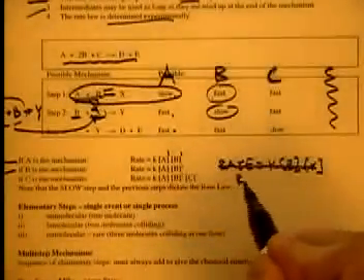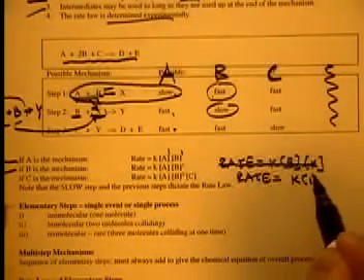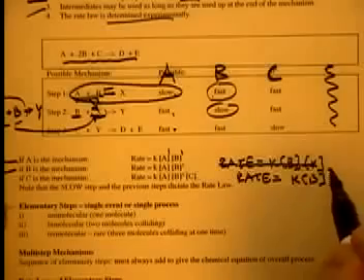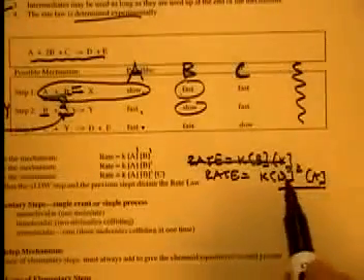Hey, look at that, I wrote baby. Anyway, rate would then equal K times the concentration of B squared times the concentration of A. Two B's right here and an A right here. And that's what my rate expression is, 2 B's and 1 A.